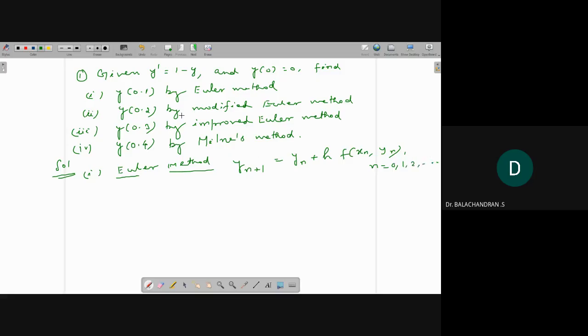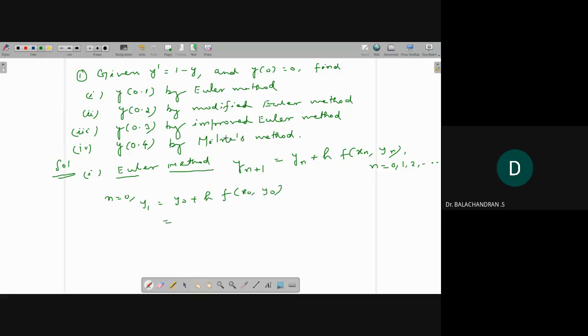Now I need y of 0.1, that is y1. Substituting n equal to 0, we get y1 equal to y0 plus h into f of x0 comma y0.